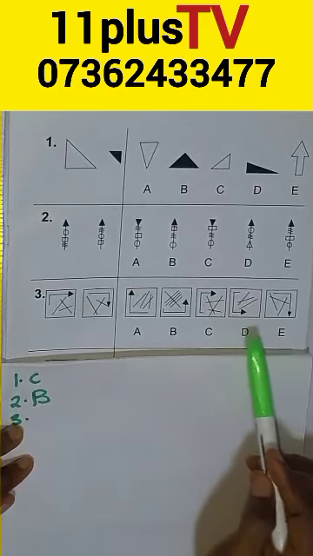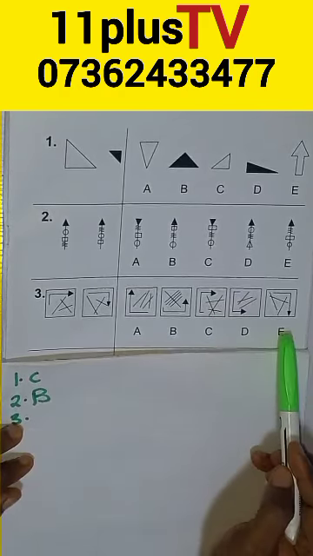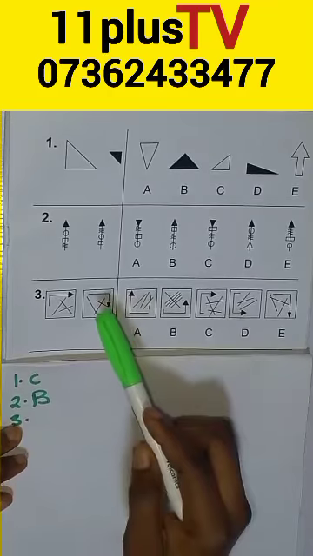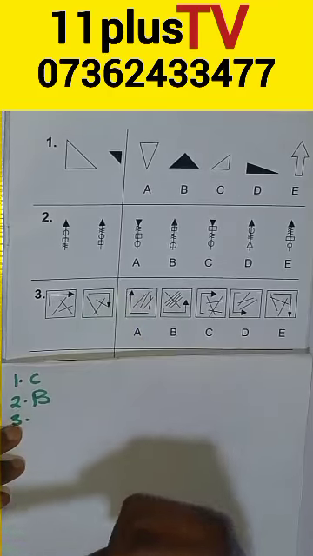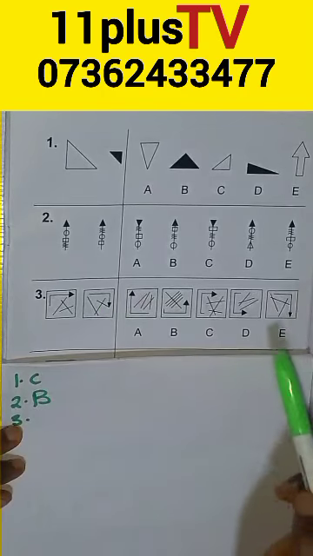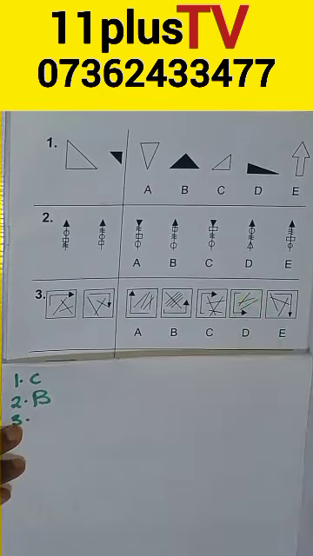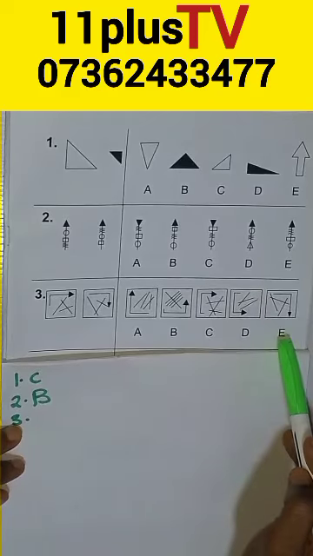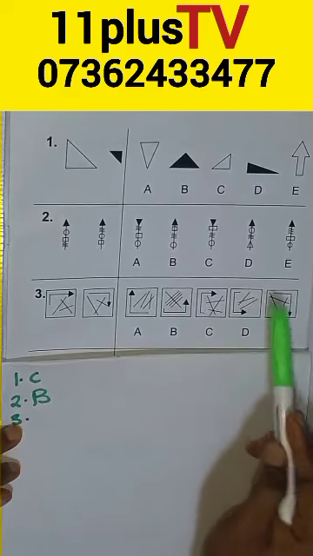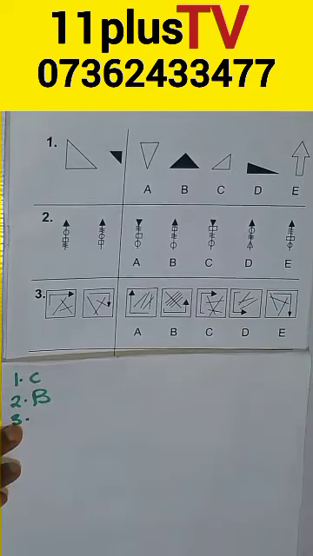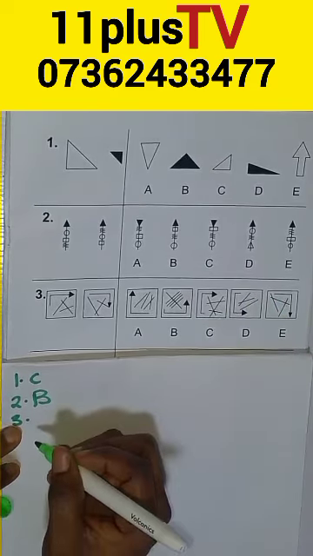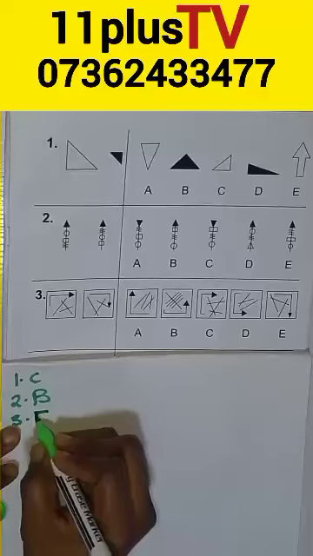We're left with D and E. We eliminate D because for D, we only have 1 line crossing only 1 line, while E is the correct answer because a line is crossing 2 lines. The answer for question 3 is E.